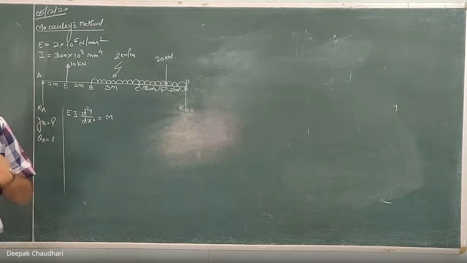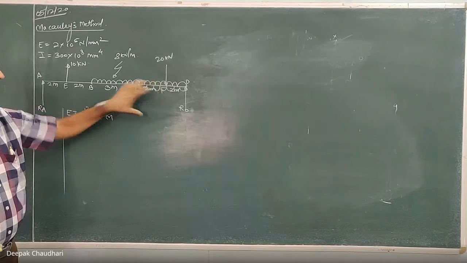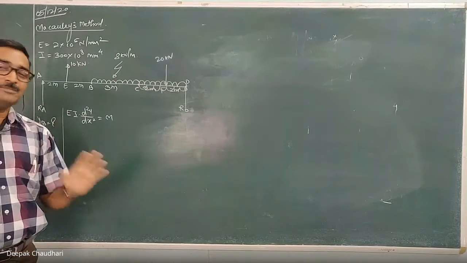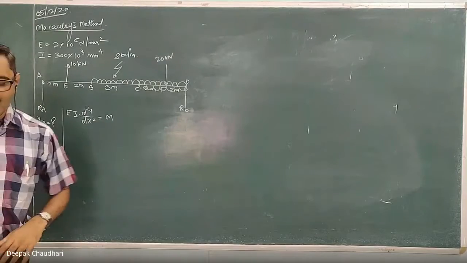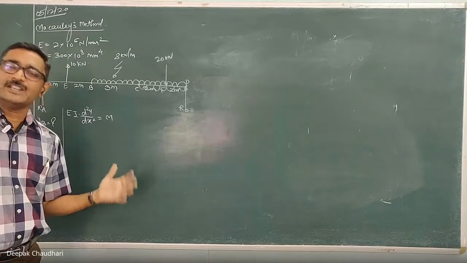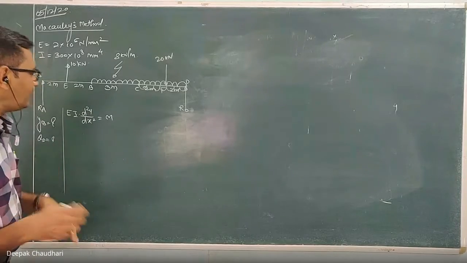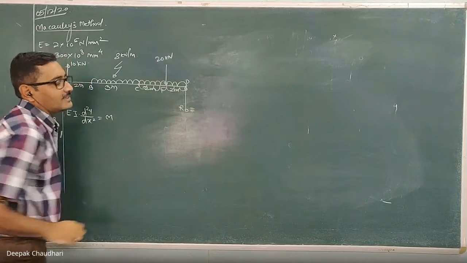Even if you consider this added UDL, RA and RD will be the same, but I suggest calculating RA and RD before adding these loads, because these two nullify the effect of each other. It doesn't make any difference, but unnecessarily the calculation will be more.